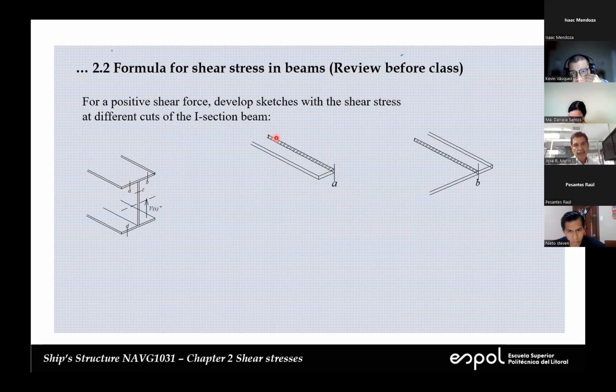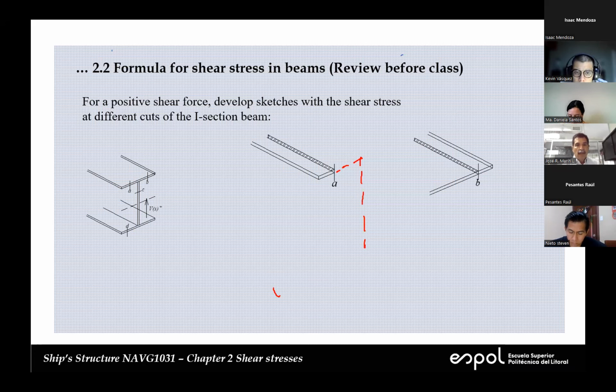Now, let's draw on this side the shear stress. This is the rest of the beam. I'm going to analyze only from this cut to the left.